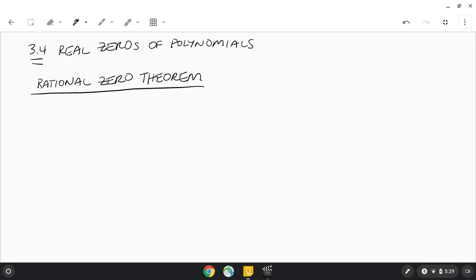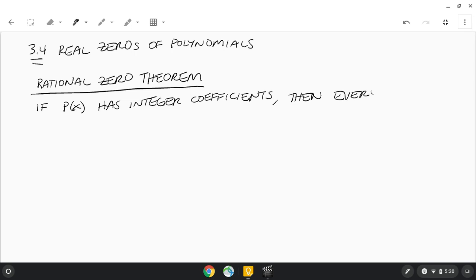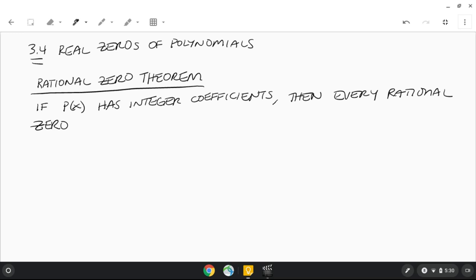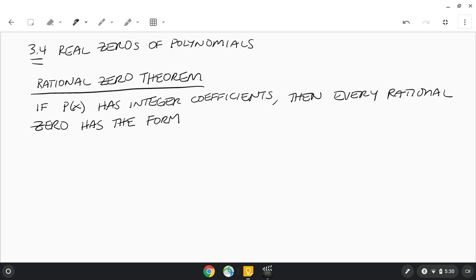All right. So we have the rational zero theorem, which states that if p of x, this is our polynomial, has integer coefficients, then every rational zero has the form, so remember, a rational number is a real number that can be written as a fraction, a ratio, hence the keyword rational, the root word ratio.